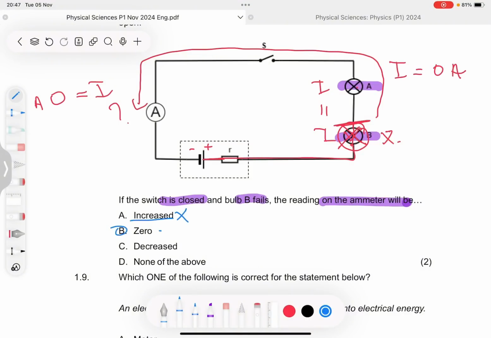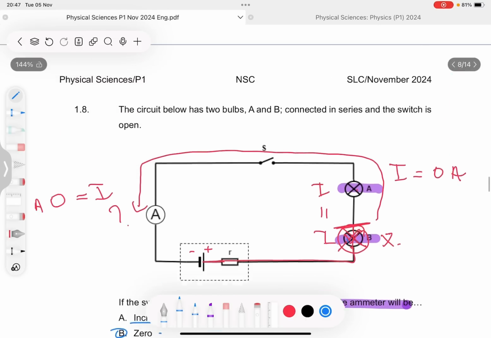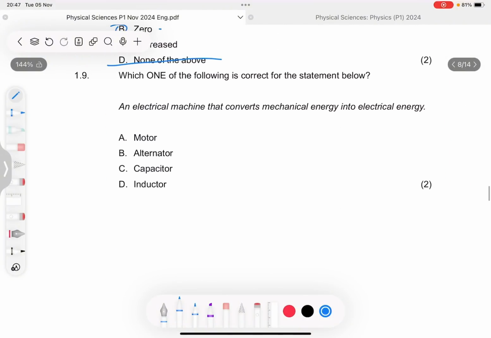But 0 makes sense. The current can be 0. It cannot decrease because at this point it stops, right? This is not an option, right? So 1.7 is B. This is 1.8 actually. 1.8, our option is B.